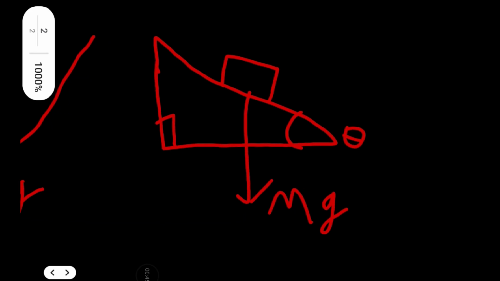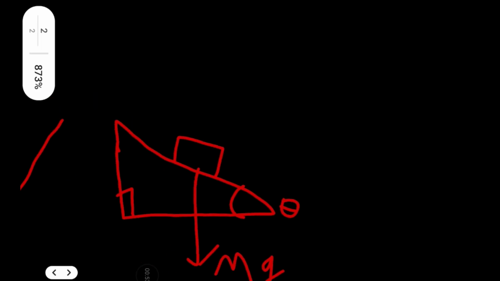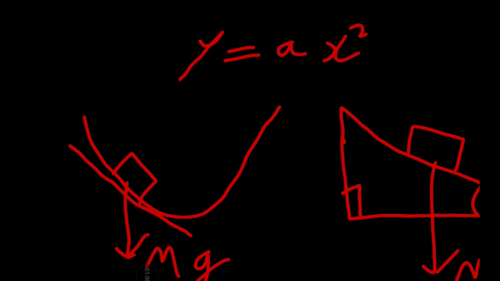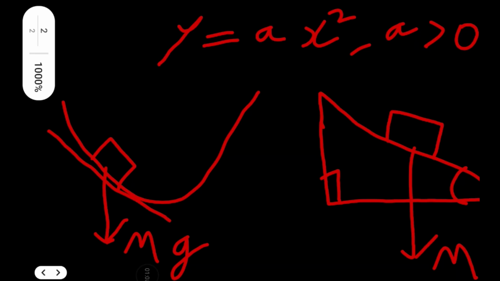Now with that, we know that the tangent is going to be dy by dx, as it's the gradient. So let's say we assume the curve is y equals ax squared, and we assume that a is greater than 0, as it's the smiling parabola. That might not be very technical, but that's the point.